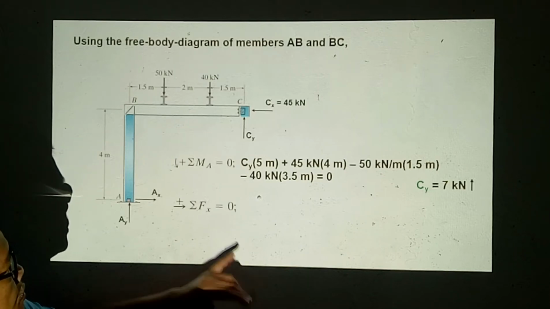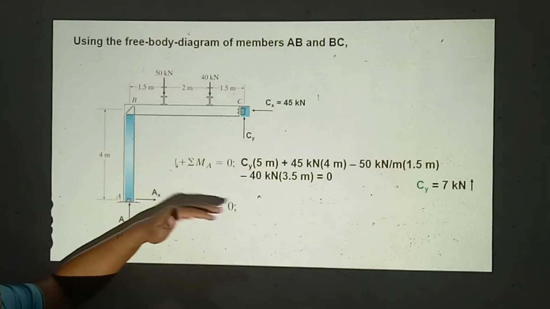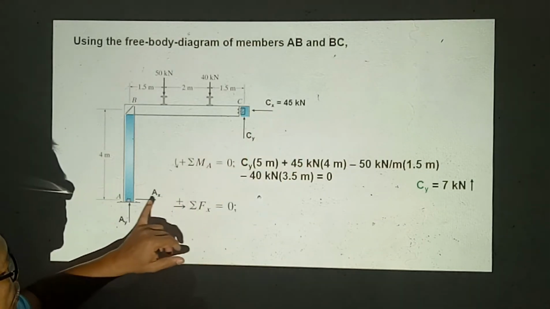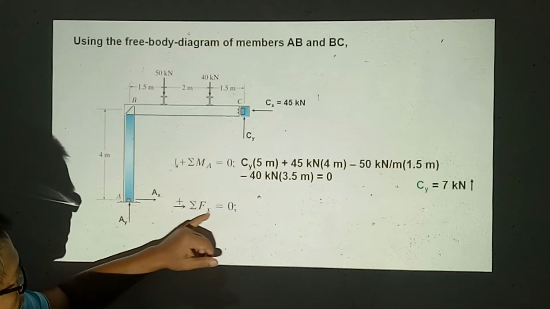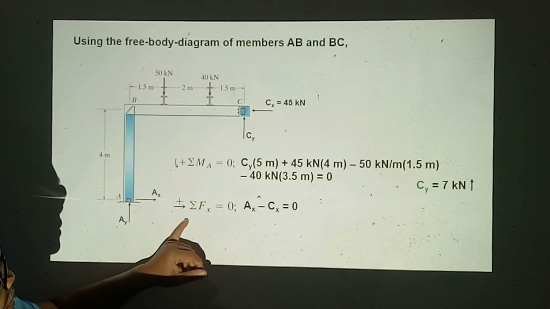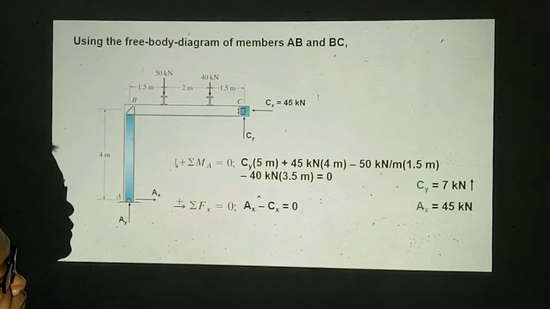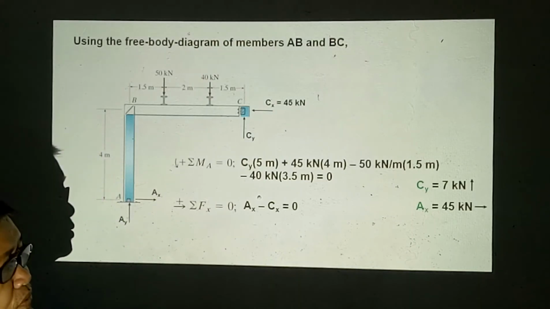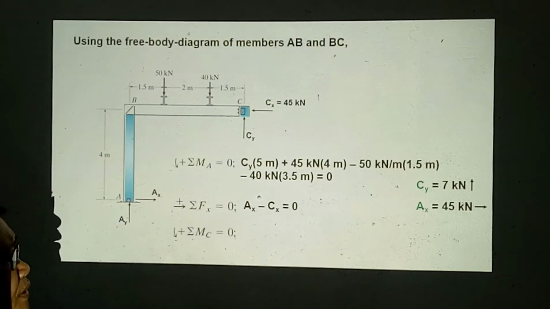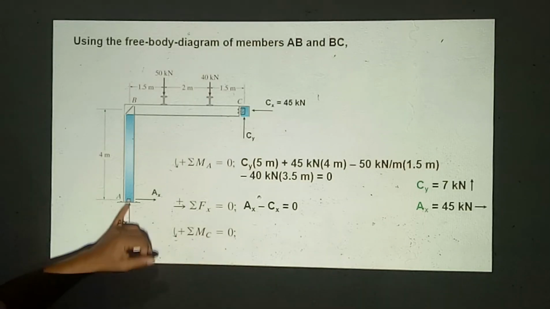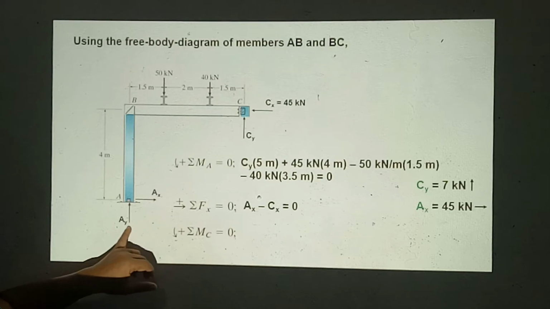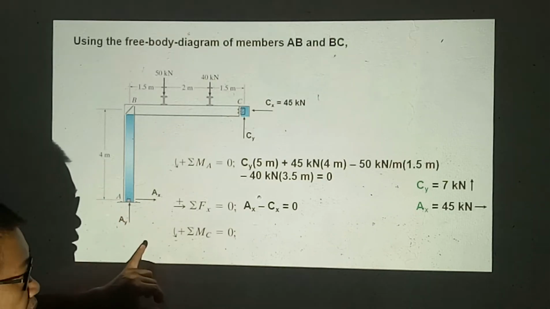Summation of forces along x: there are only two forces, Ax and Cx. So taking positive to the right, Ax minus Cx plus 0, therefore Ax is equal to 55 kN directed to the right. Then moment summation at joint C equal to 0. Ax is already known, so our only unknown is Ay.